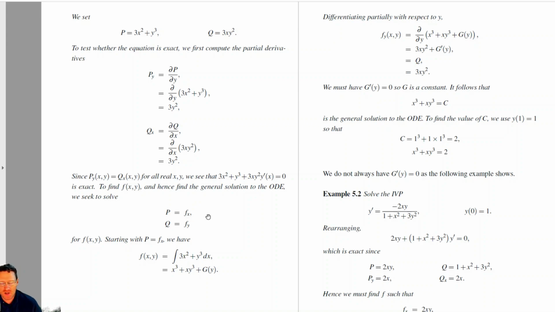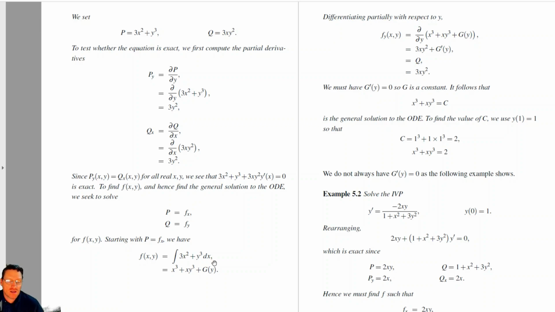It's a very simple one, of course. Starting with p equals f subscript x, we integrate both sides partially with respect to x, meaning we're integrating 3x squared plus y cubed with respect to x partially, and that just means to assume that y is a constant in this case.